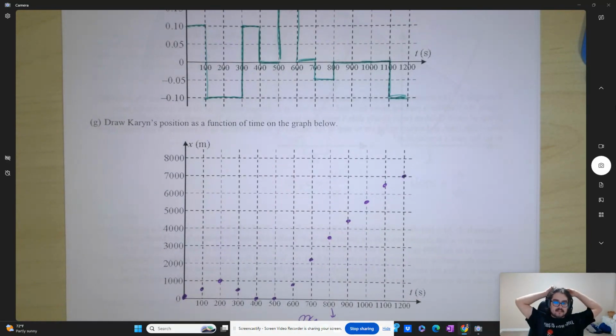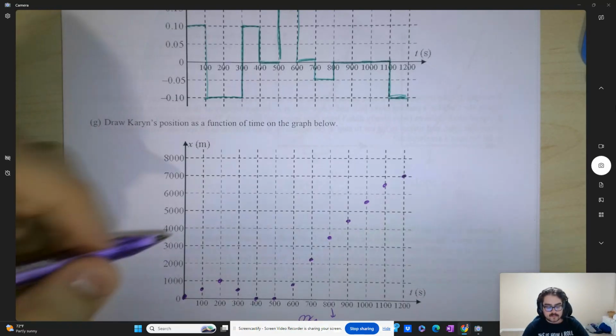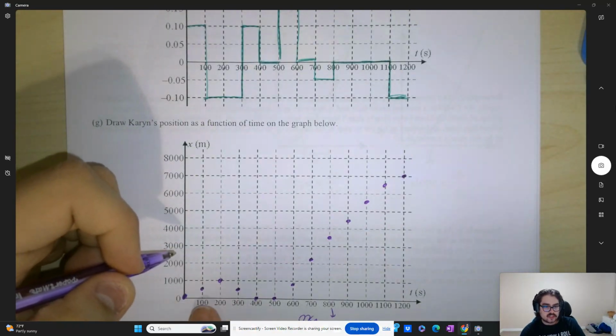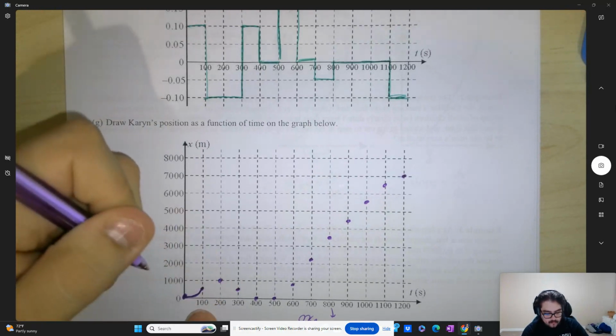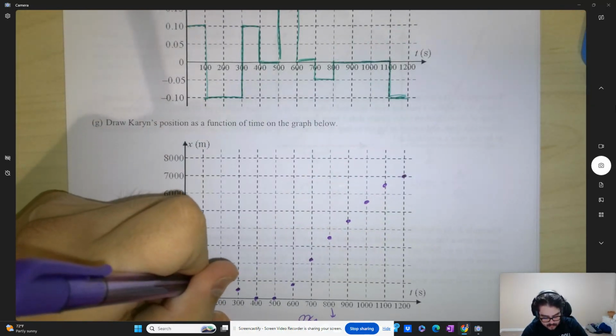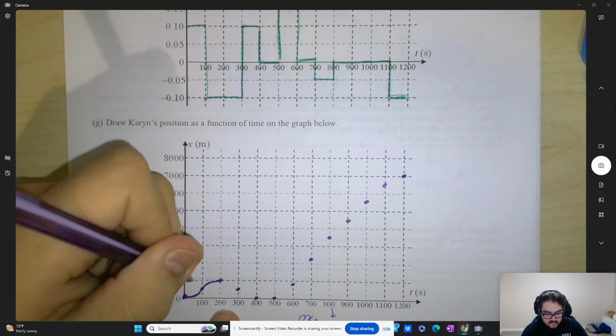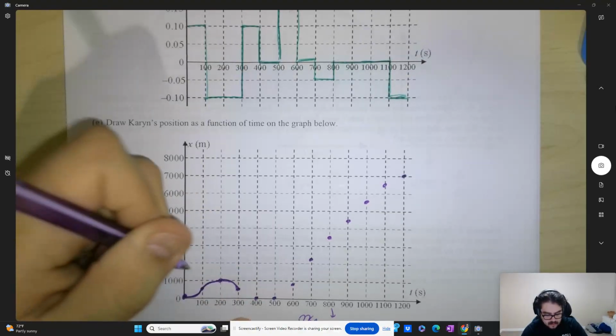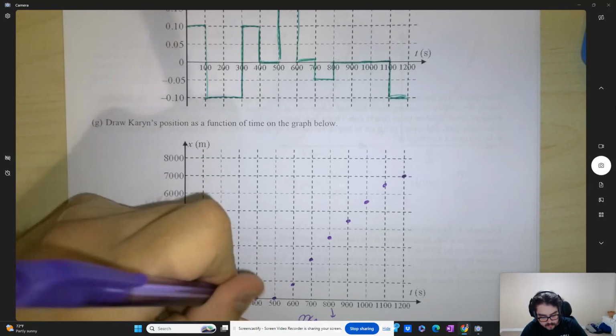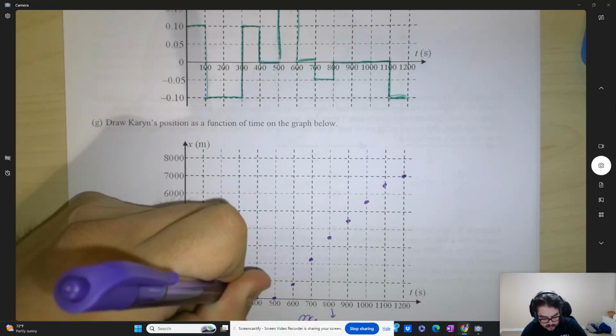And then to connect the dots here, right? We would connect the dots here, but we want to look at the acceleration, right? So from 0 to 100, it should be concave up because it's positive. From 100 to 200, it should be concave down because it's negative. From 200 to 300, still concave down because it's negative. Okay. From 300 to 400, it should be concave up because it's positive now.